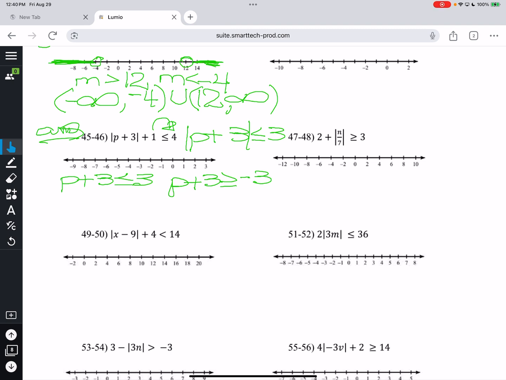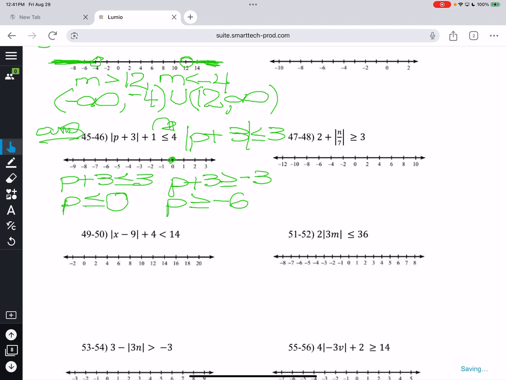So our first one, p, is going to be less than or equal to 0. p is going to be greater than or equal to -6. And so we would go to 0 and do what? Fill in or circle it?